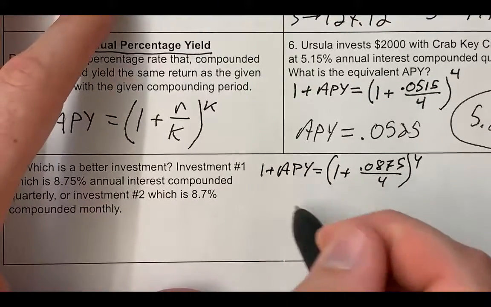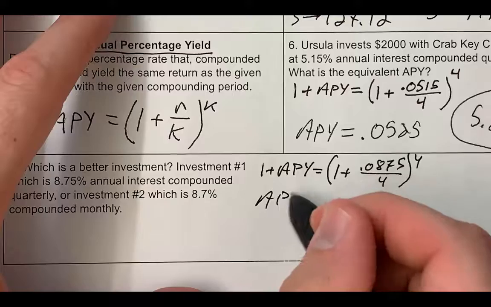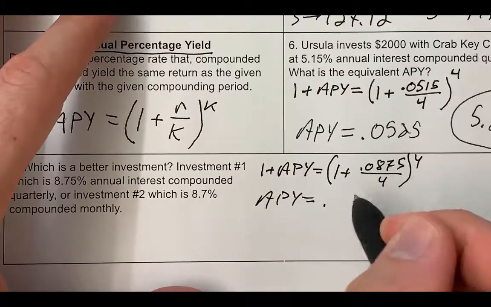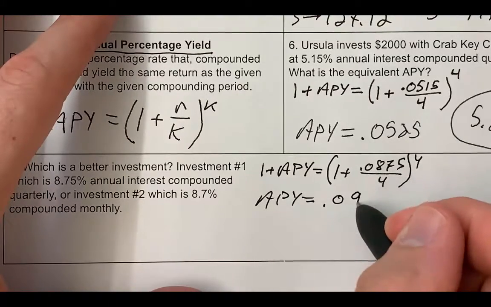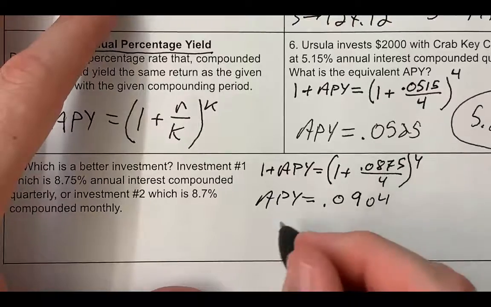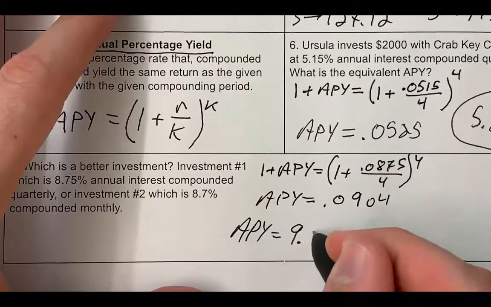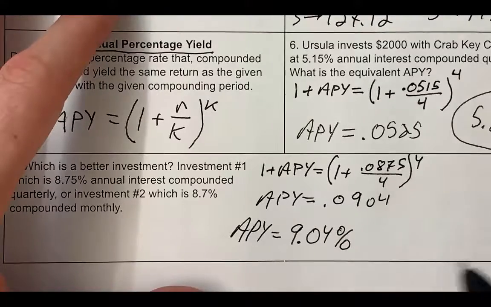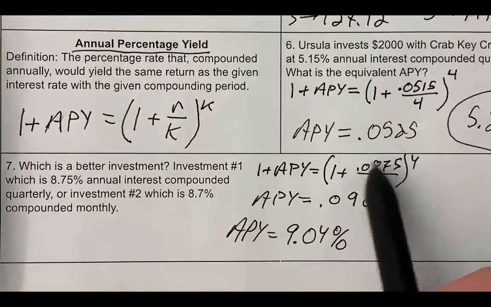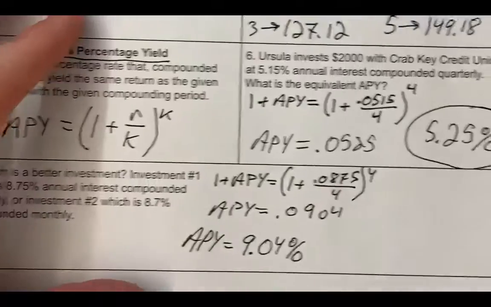When you solve this, you get that the APY is equal to 0.0904. Converted to a percent, it's 9.04%. You just plug the right side into your calculator and then subtract 1.